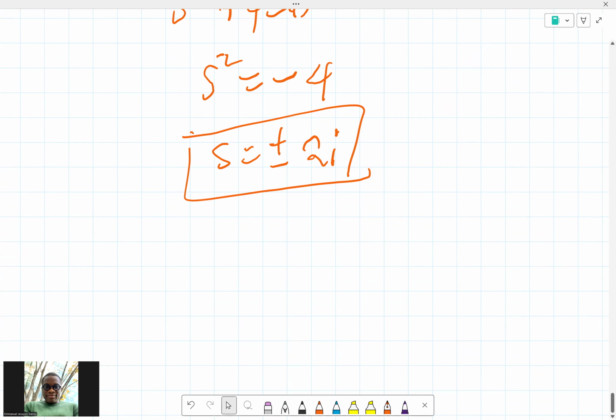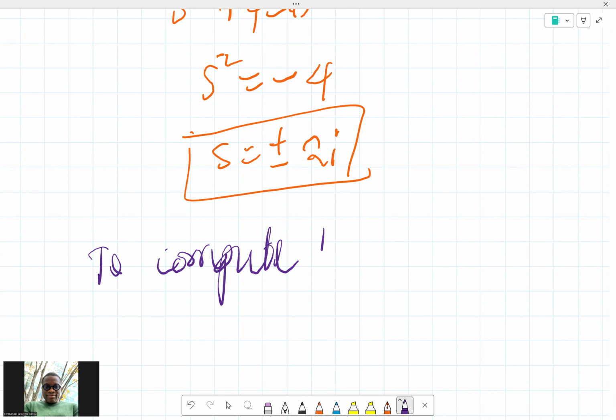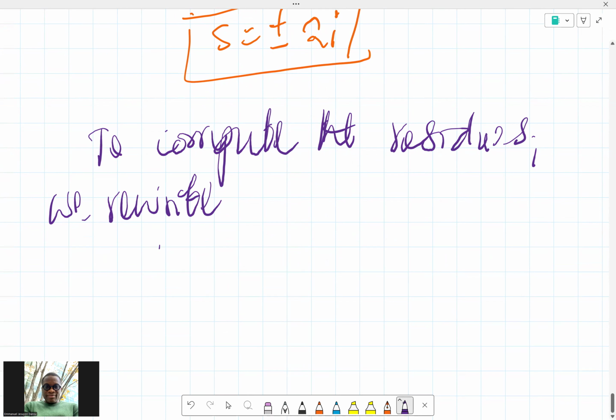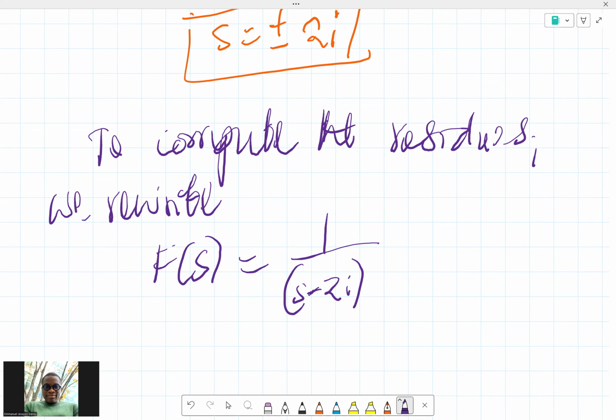So we need to compute the residues. To compute the residues, we rewrite f of s to be 1 over (s minus 2i) into (s plus 2i), which makes sense.